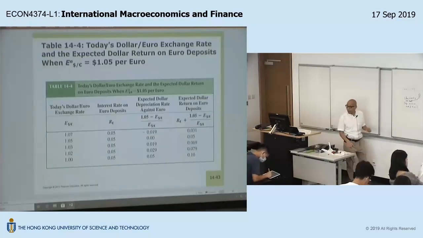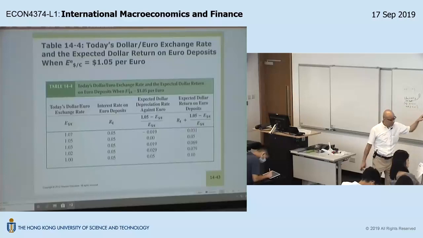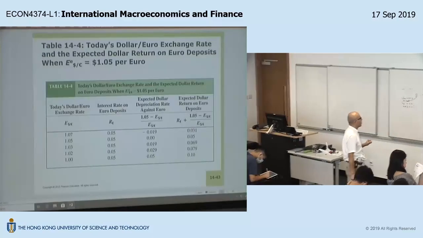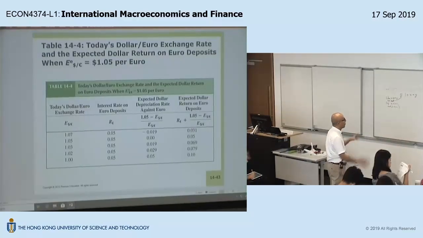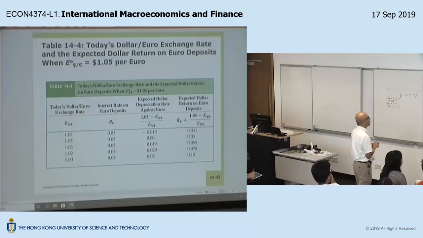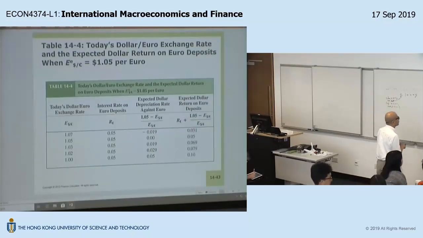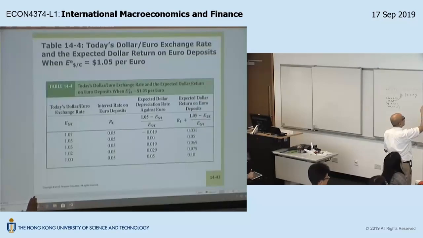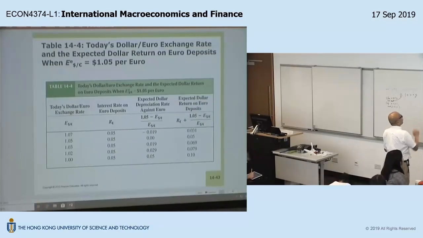So here is to illustrate a little bit more the intuition behind this uncovered interest parity condition. So today's dollar-euro exchange rate and the expected dollar return on euro deposits when E^e is equal to 1.05 dollars per euro.